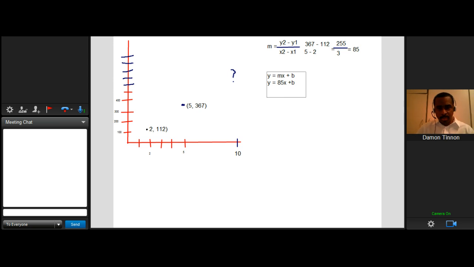Now, a quick primer on what these numbers mean. So x is the input. X is the number of times, or the number of occurrences this slope is changing. B is the initial value, or the point at which the line crosses the y-axis, and this is the y-axis.